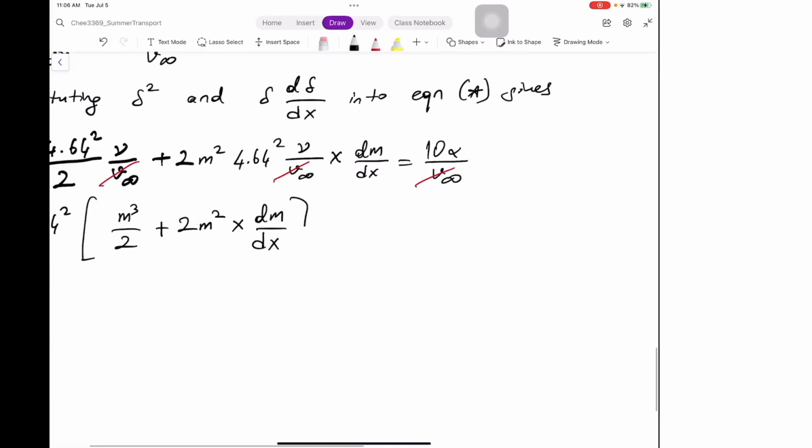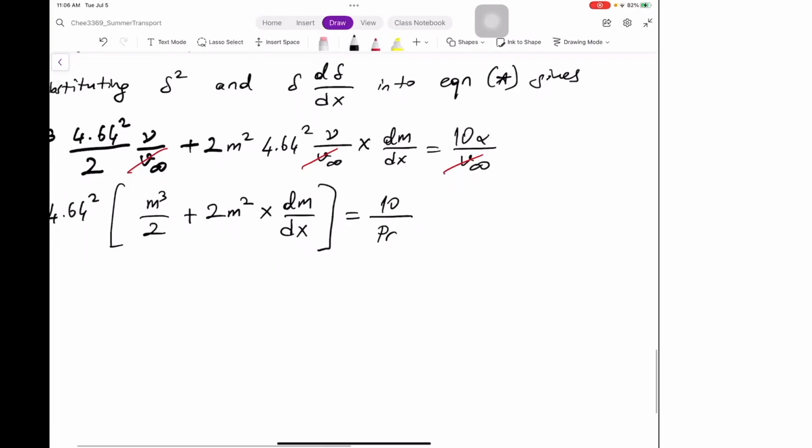Yeah, is equal to 10 alpha over mu. Alpha over mu is nothing but 1 over Prandtl number, so you can write instead 10 over Prandtl number.